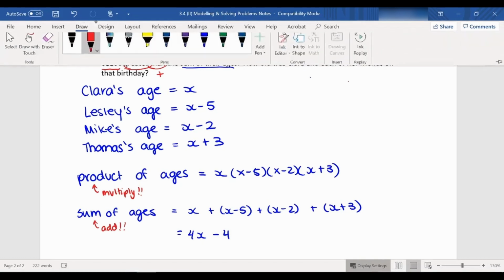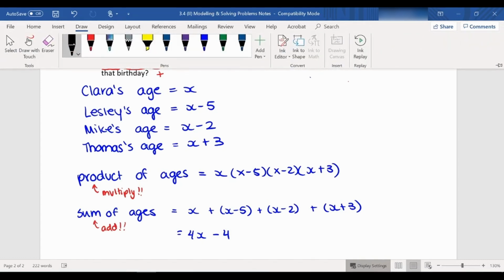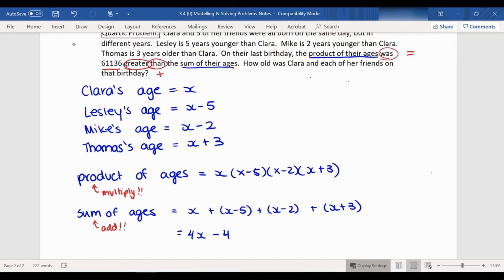So you're having to read this left to right in a logical order. So this is saying the product was 61,136 greater than the sum. The product is this much bigger than the sum is. So you would have to take the sum and add this amount in order to get the product.